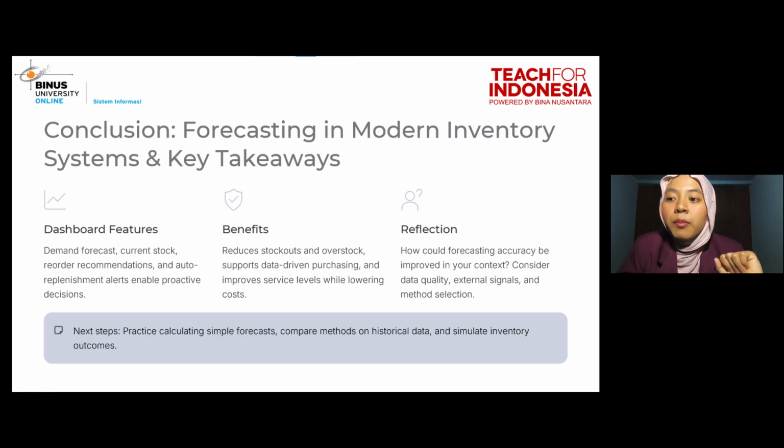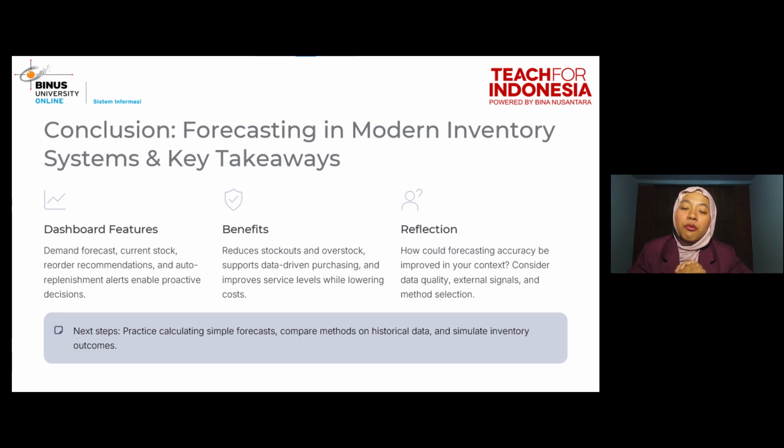So let's summarize the key ideas from this lesson. Demand forecasting is the process of estimating future demand using historical data and analytical techniques. It helps organizations reduce stockouts, minimize overstock, improve service levels, and make better inventory decisions.